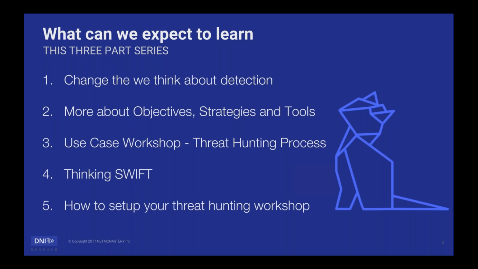And finally, how do you set up a threat hunting workshop for yourself, so that you could do this on a continual basis and have clear improvement and progress monitoring going forward? So these are the four or five things broadly that we'll cover.